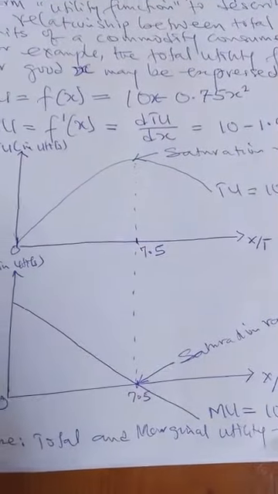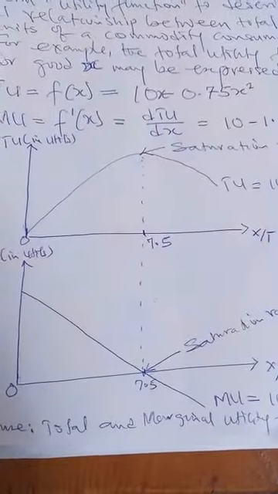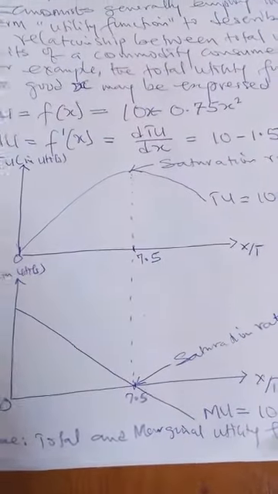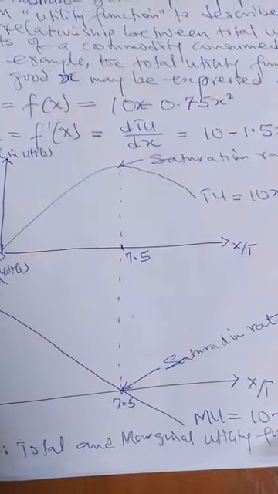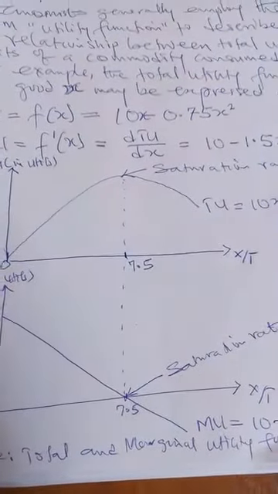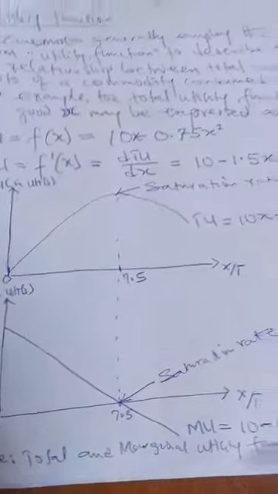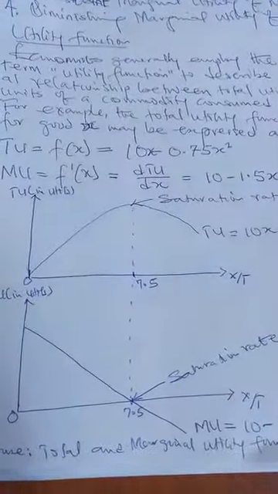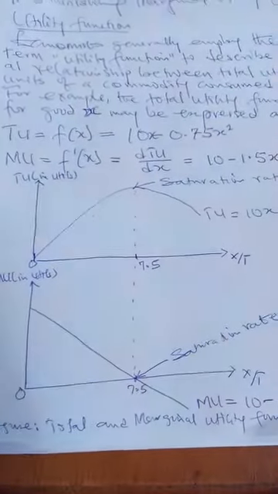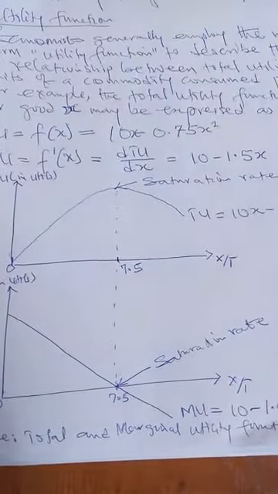Now, I want to say that I reduced the second video that I showed you on utility function. I reduced it to about 4 point something meg. The video was not clear.